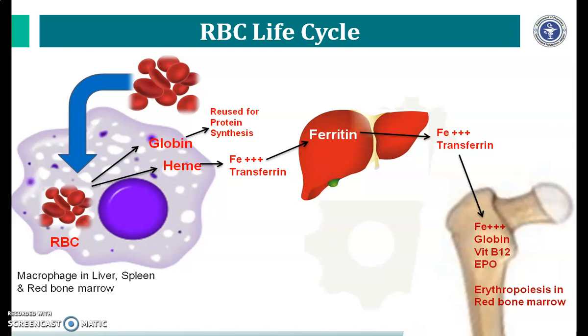Iron is needed for the heme portion of the hemoglobin molecule. Amino acid is required for the globin portion. Vitamin B12 is required for synthesis of hemoglobin, whereas EPO, that is erythropoietin, is also required for the process of erythropoiesis.